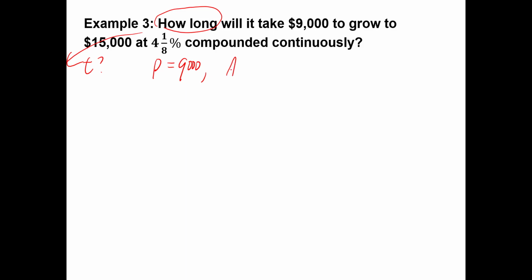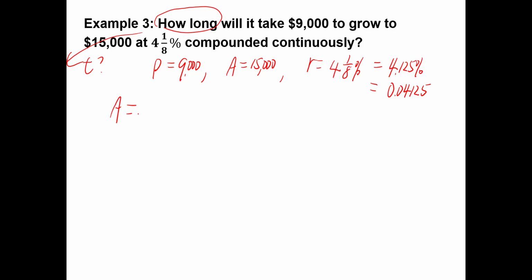Ending balance A is 15,000. And the rate is 4.125%. The decimal number will be 0.04125. The only thing we don't know is time t, so we're going to solve for it.